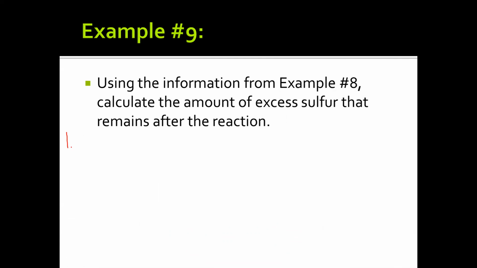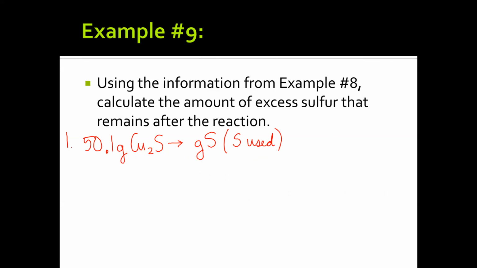I'm pulling this from example 8, and that is, we chose 50.1 grams of the Cu2S. That was our answer from example 8. And we're going to convert that into grams of our excess reactant, which is sulfur, because we didn't choose sulfur as the answer. So we're going to turn that into grams of sulfur. And this will be the sulfur that is used by the reaction.